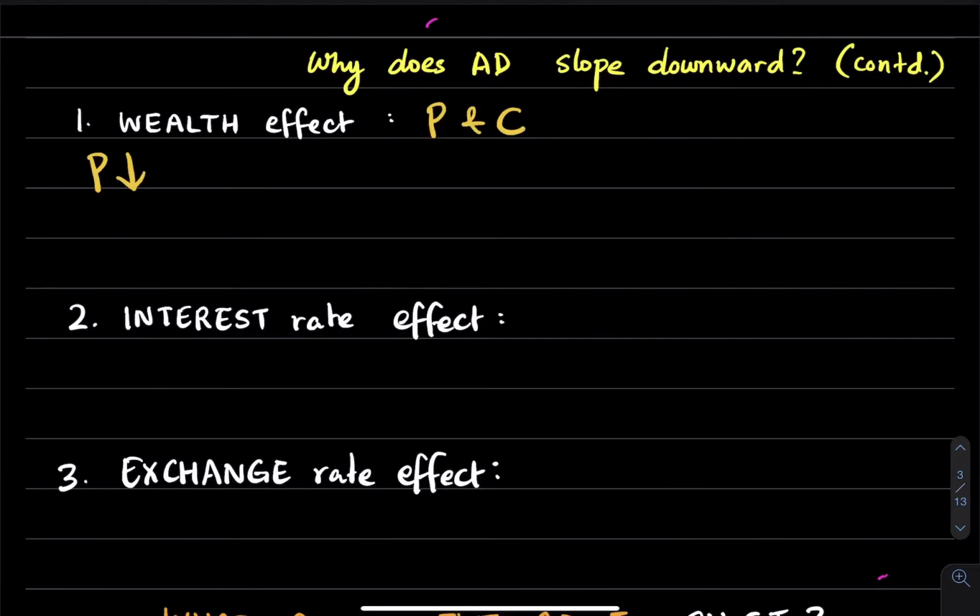You would feel as a consumer that if the overall level of prices is falling, your purchasing power has gone up. So consumers would feel wealthier and they would spend more.